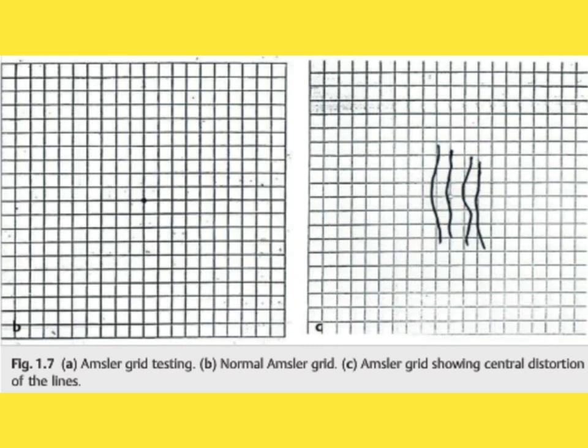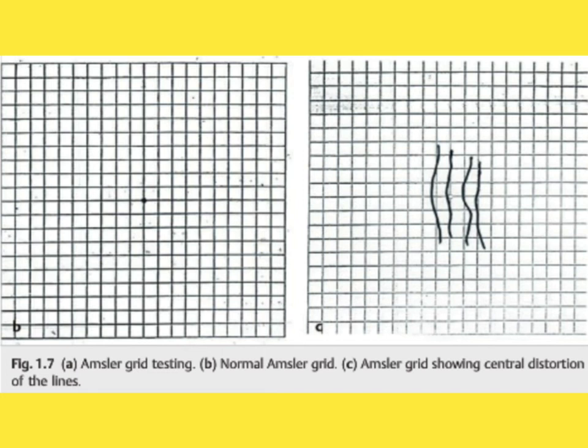Another thing I need to clarify to all of you is that when you are performing this Amsler grid test with the help of the Amsler grid card, you need to instruct the patient to look at the central spot, and the patient will inform you whether there is any distortion. So you give a pen to the patient and instruct the patient to draw. If there is any black area, then you need to instruct the patient to draw where the black area is.